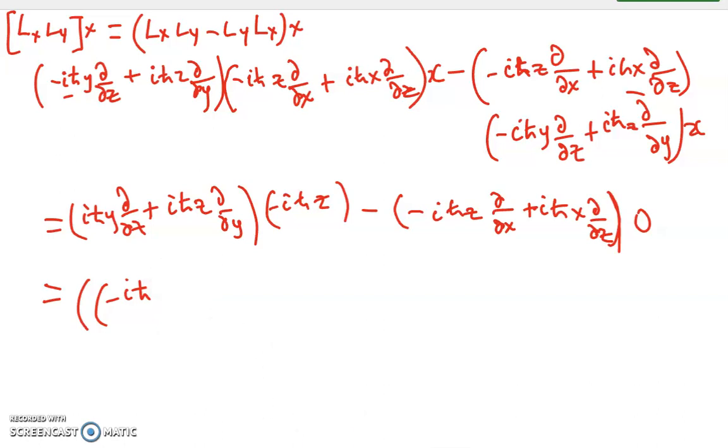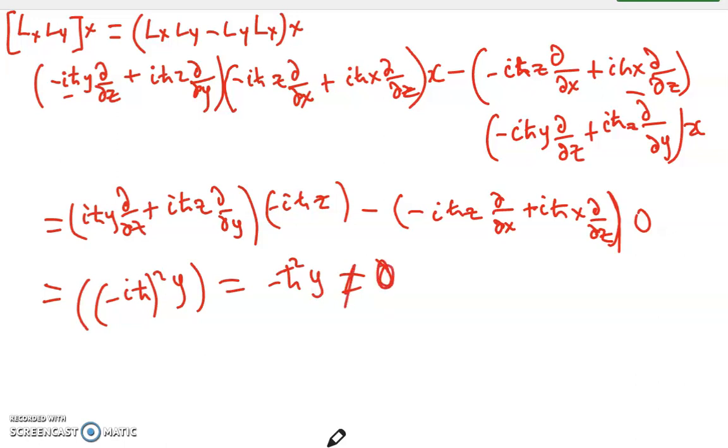This is negative i h cross squared y, which is equal to negative h cross squared y, and this is not equal to 0.